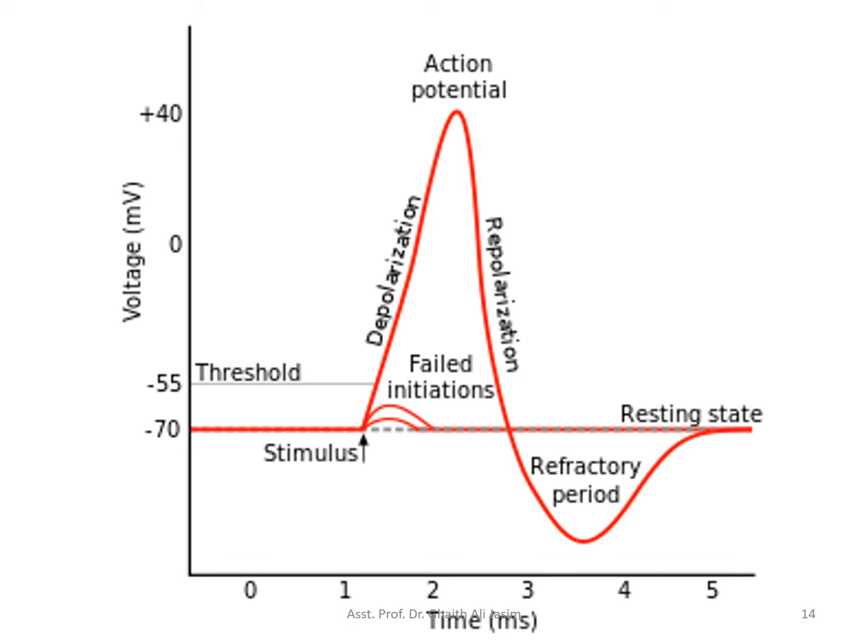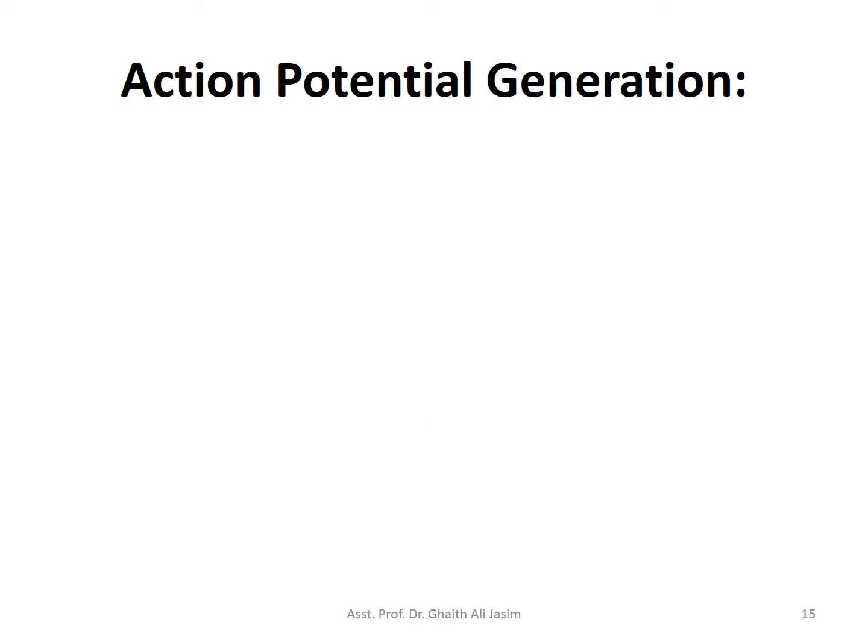So this figure shows us the voltage and time and how the action potential is generated from simple depolarizations, here called stimuli. Whenever these stimuli reach threshold, the action potential will start. Action potential generation. First step, depolarization to threshold.